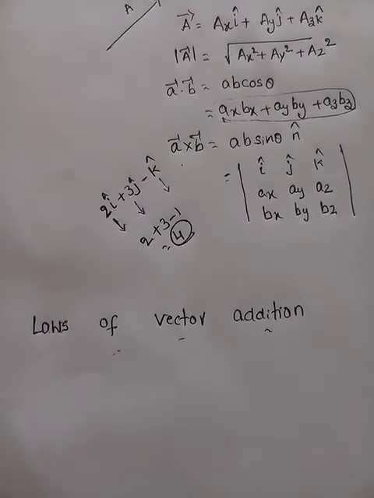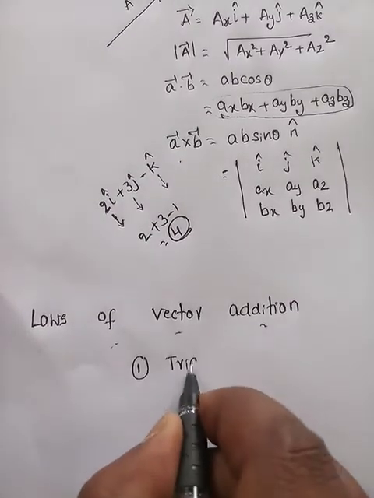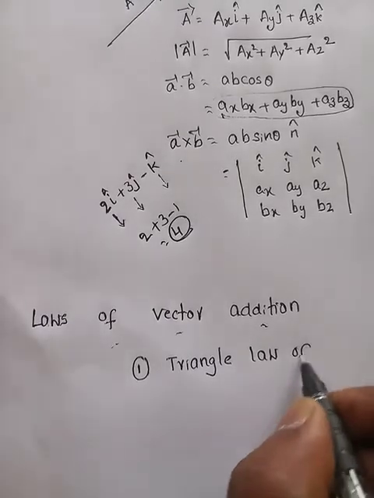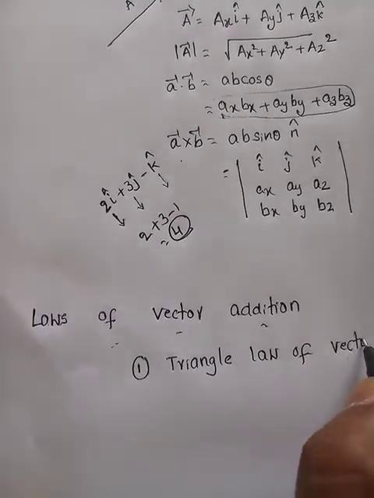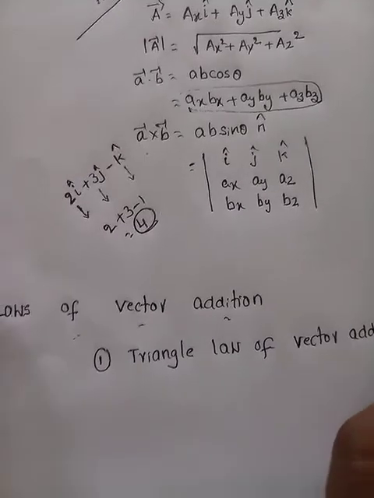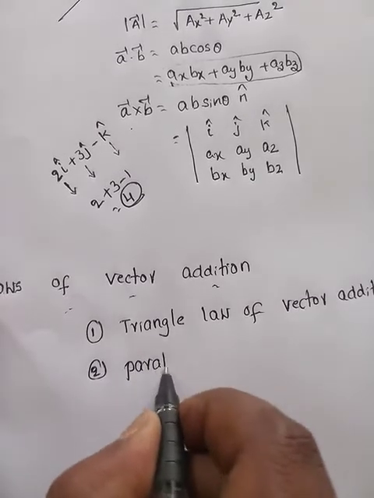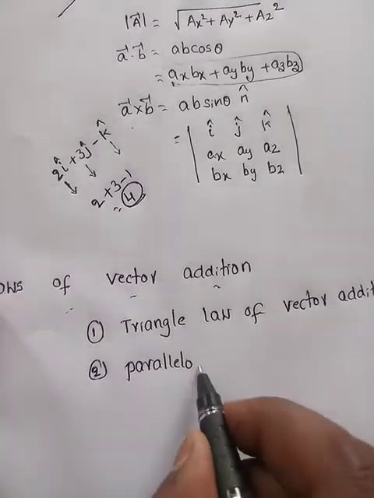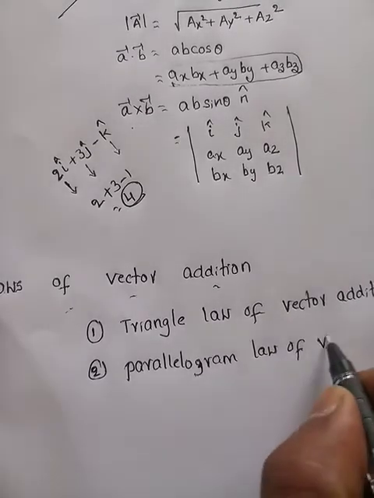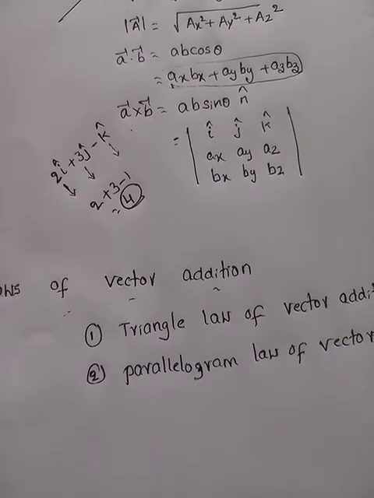The first one is called triangle law of vector addition, and another one is parallelogram law of vector addition. So, we can add 2 vectors by using these 2 methods.